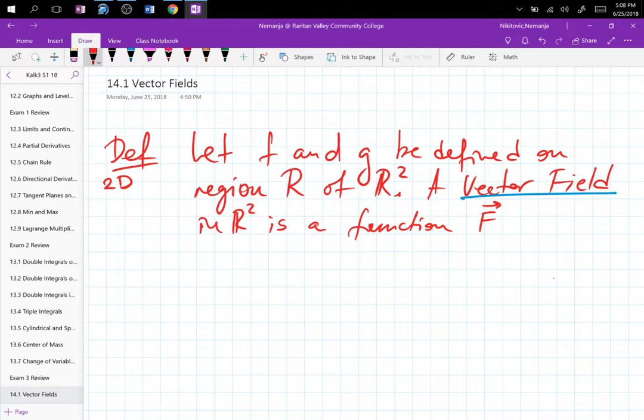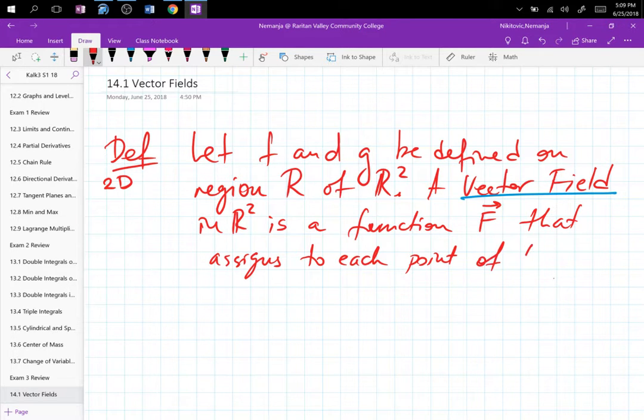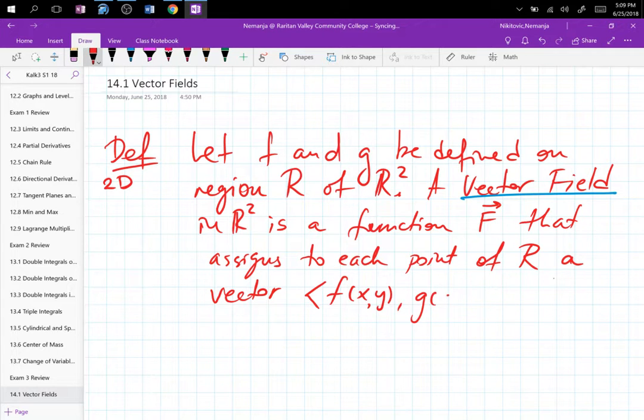So it's a function F that assigns to each point in a domain a vector. So to each point of R, a vector, f of x,y, g of x,y.